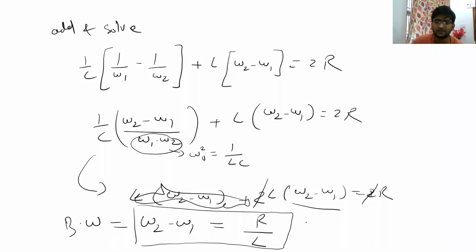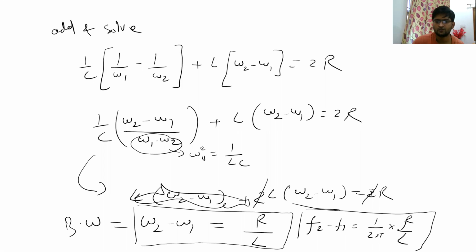If you want to represent it in hertz, F2 minus F1 is equal to 1 upon 2 pi into R by L, right? So this is the equation of bandwidth of a series RLC resonant circuit, which is the ratio of resistance and inductance. Important formula.